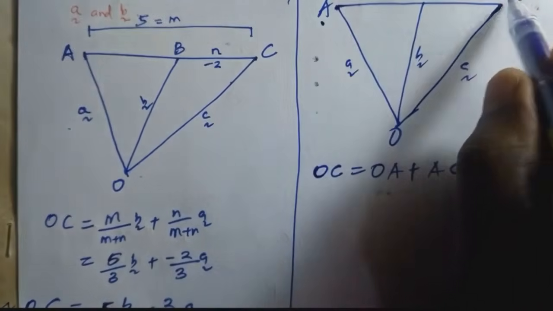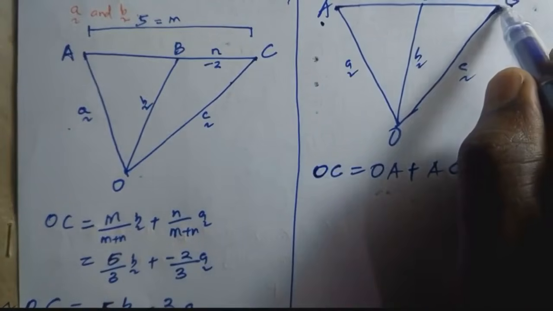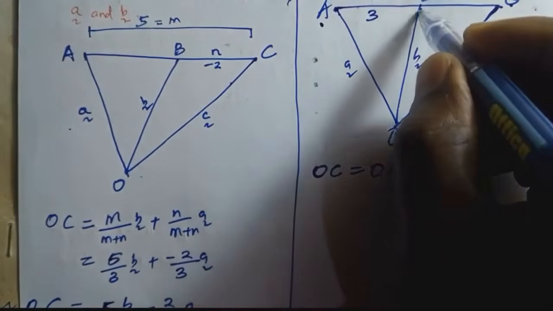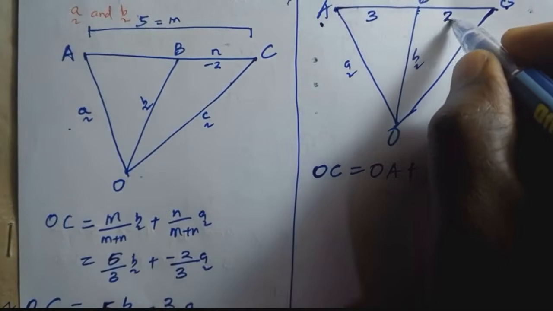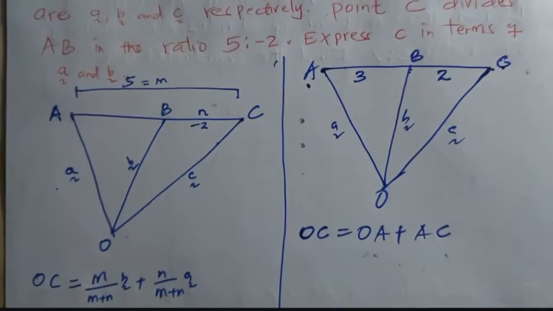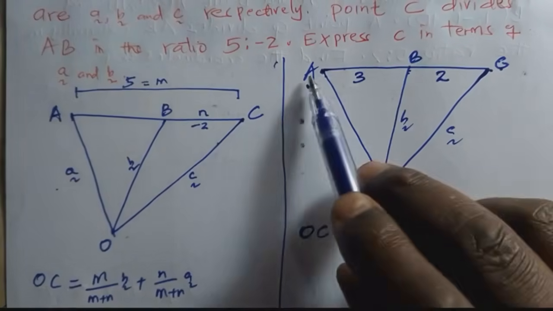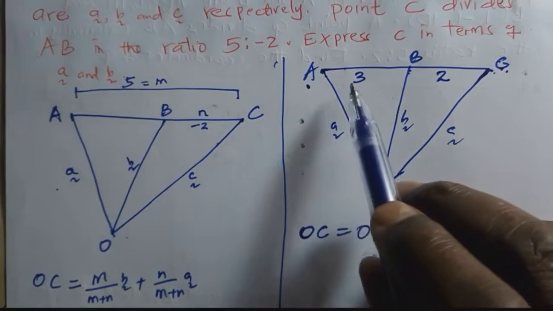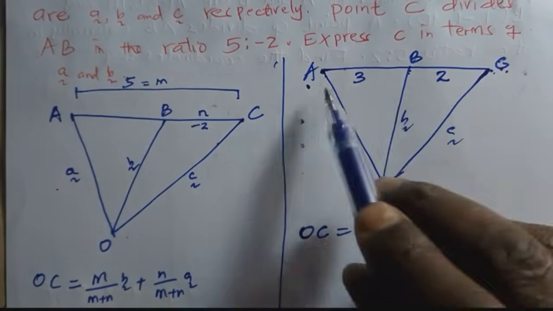From here up to here is 5. From here up to here is 2. So it means from here up to here is 3. From here up to here is 5 units, from here up to here is 2 units. Therefore, here is 3 units, here 2 units, to make a total of 5.